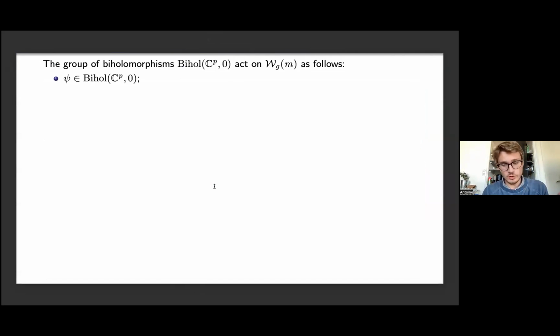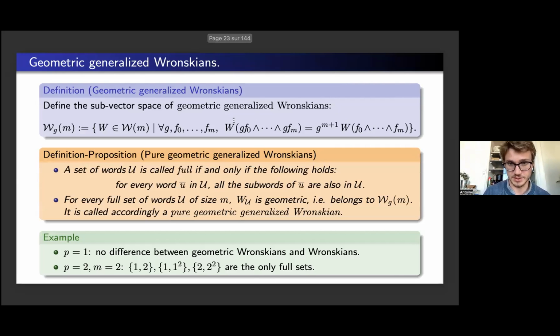So a natural question would be, okay, here we found amongst the canonical bases the ones that are geometric, but can we find others? Actually, one can find some clever linear combinations of pure generalized Wronskians that satisfy this functional equation.